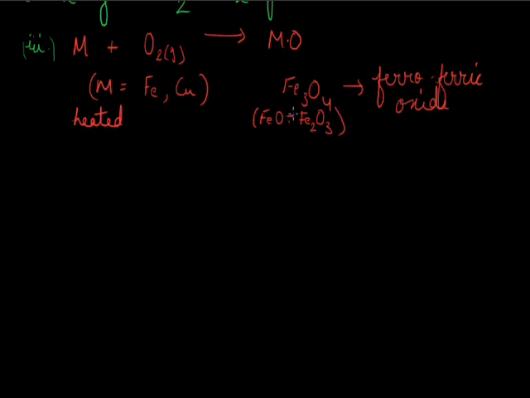They both combined are called ferroferric oxide. So red hot iron on prolonged heating in the presence of oxygen will give the metal oxide, that is ferroferric oxide. Here copper forms copper oxide, that is CuO.